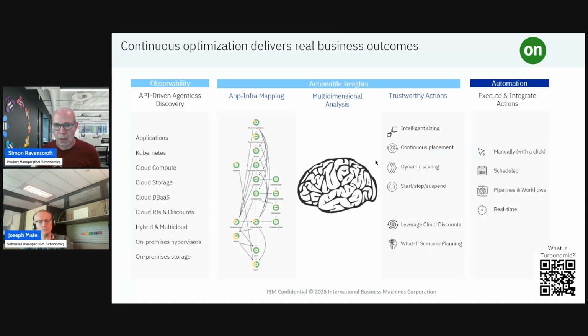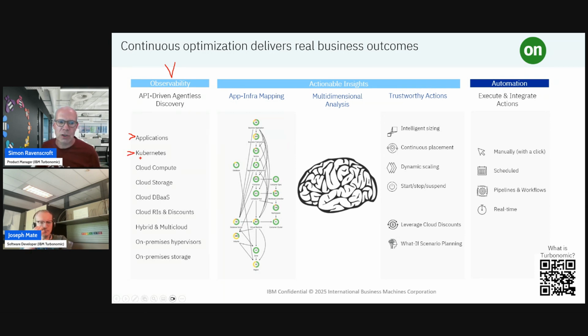So to dig a little bit deeper, when I think about the first stage, which is observing the environment, we have an API-driven agentless discovery process where we integrate with, as I said, application performance management tooling. We are able to observe Kubernetes.